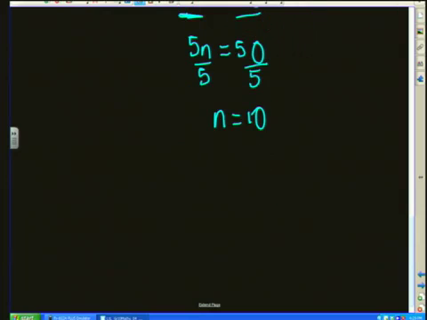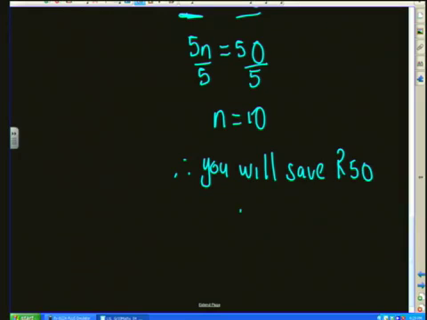So in terms of writing this down as a proper word answer, we can say therefore you will save 50 rand in the 10th week.